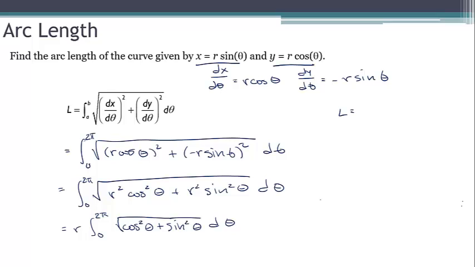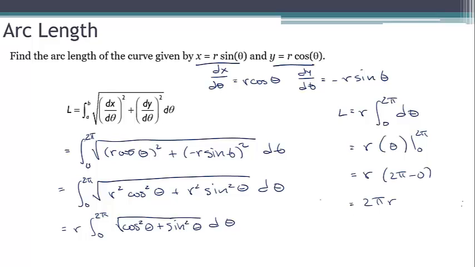So this becomes r times the integral from 0 to 2π of dθ, which is just θ from 0 to 2π. This is r times 2π minus 0, which is just 2πr, exactly what we expected. That is the formula for the circumference of a circle.